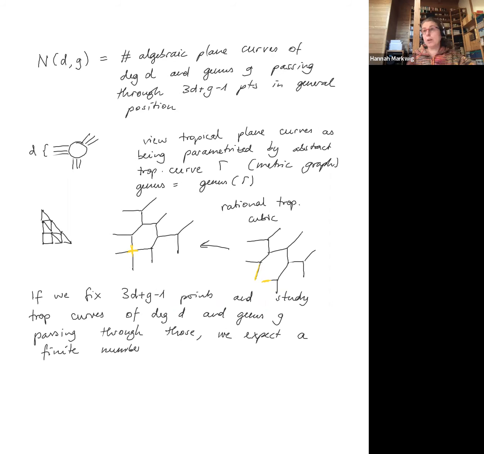And that's for dimension reasons, because we convinced ourselves that the dimension of the moduli space of tropical curves is 3D plus G minus 1. Okay, so with that, we're pretty close to defining the analog of the number above in the tropical world, which will be called N_{D,G}^{trop}. And it should be something like the analogous count of tropical curves, but I'm not quite yet ready to define it.